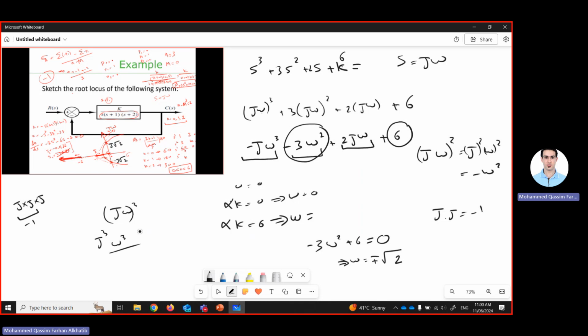Write 3, then 1.41 j and minus 1.41 j. You know this is the same as the square root of 2, right? 1.41 is the same. Just ignore the real root, because we are looking at the imaginary axis. All right, so let's see. That's it. I have all the key components. We did the sketch already with the values and everything. So let's see the slides.